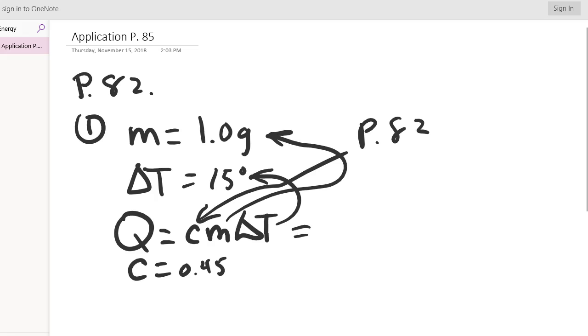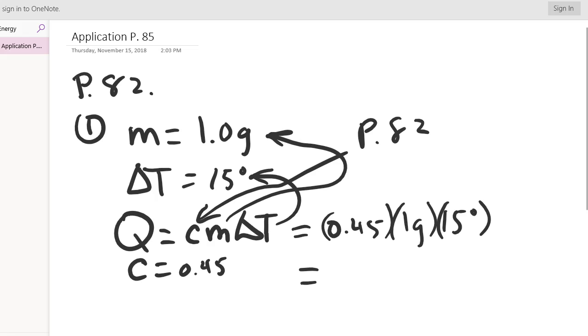So this is going to equal 0.45 times the mass, which is 1 gram, times delta T. And if you multiply all that out, you would actually end up with 6.75 joules, or it's about 6.8 joules.